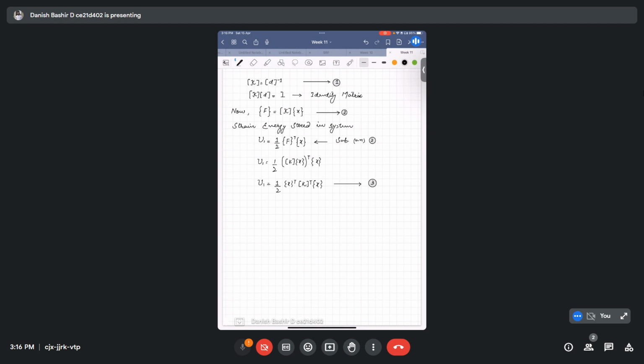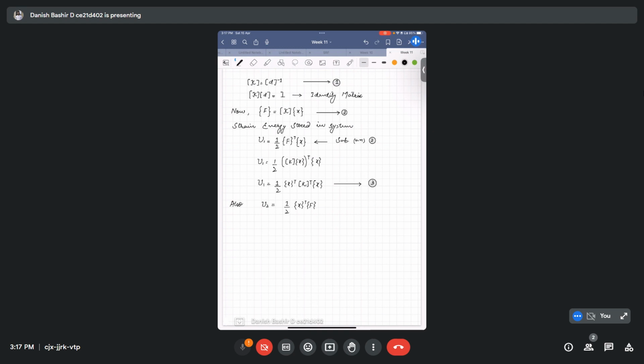Again, we will write the strain energy in an alternate form. We can write U2 as one half of displacement vector times force vector, because it will not change the ultimate quantity, since strain energy is a scalar.